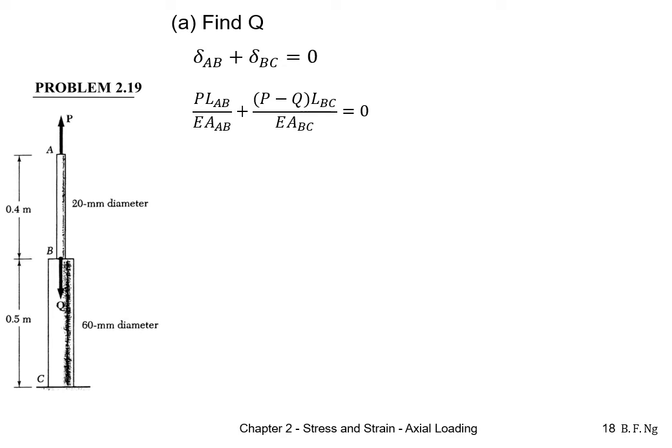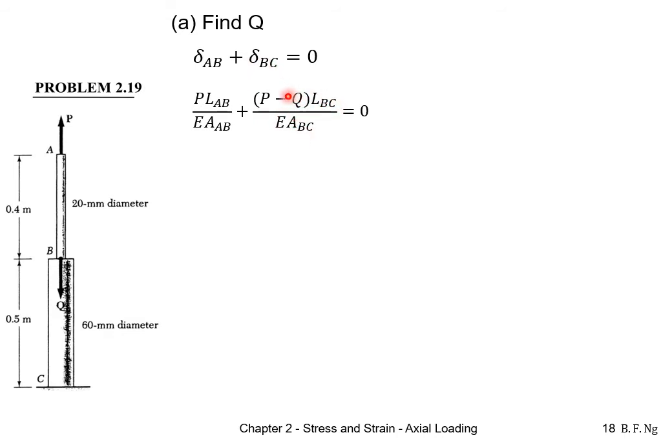To find Q in part A of the question, we first work on the equation we found earlier, where delta AB plus delta BC equals 0. Delta AB is the change in length of AB. Given that delta AB equals PLAB over EA, as well as delta BC is equal to (P minus Q)L over EA.